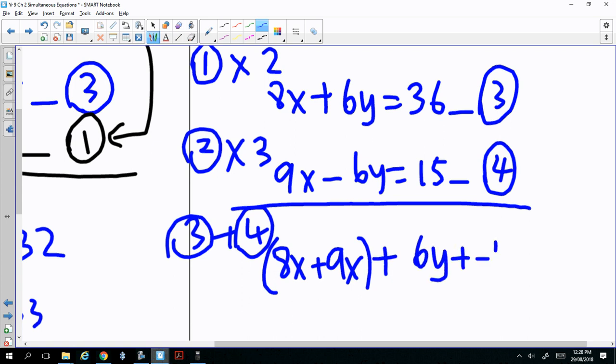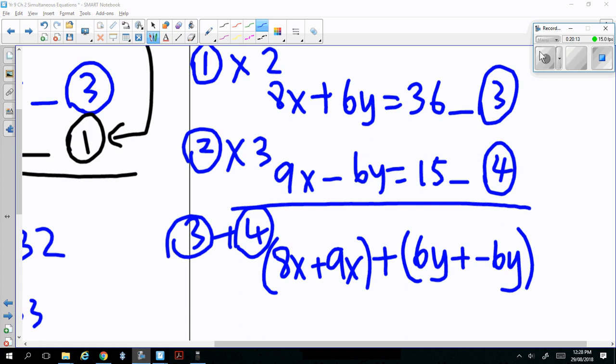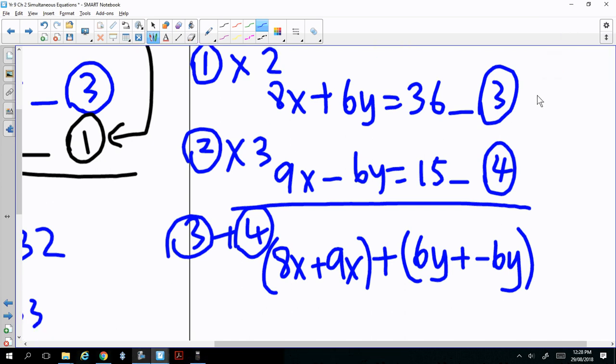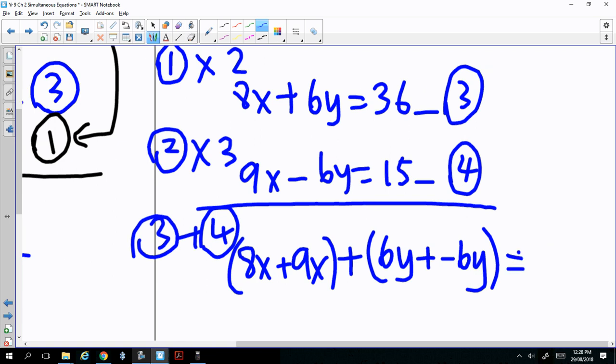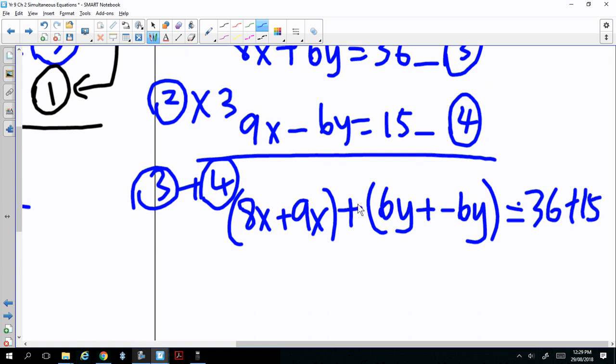Okay, let's start again. 8x plus 9x, I add the two terms. 6y plus negative 6y. And then equal to 36 plus 15. 8x plus 9x is 17x. Notice that the 6y and the minus 6y get cancelled.